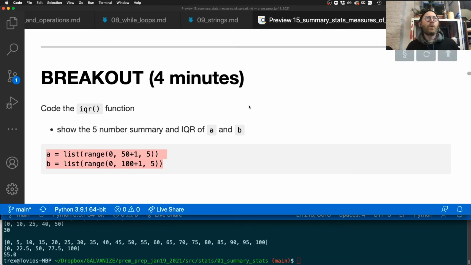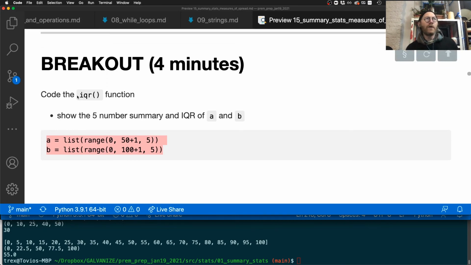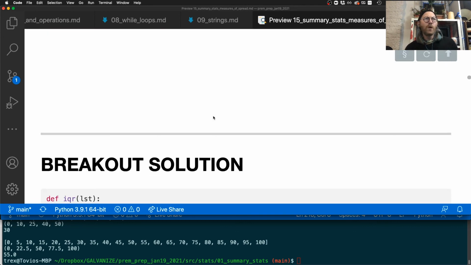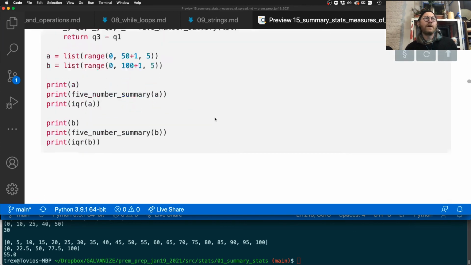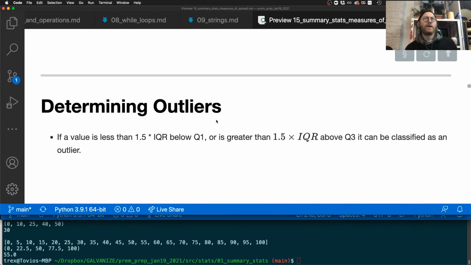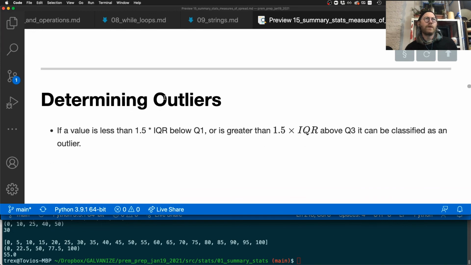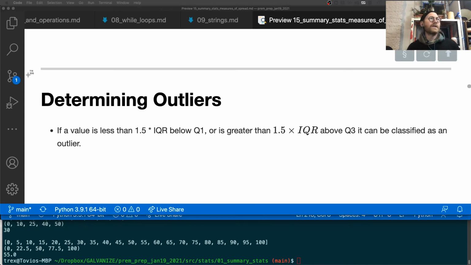But one of the things that we often will use IQR to do is we'll use it to calculate outliers. So let's think about what this means. If we're determining outliers, why don't I just do this here? Snag this whole thing.